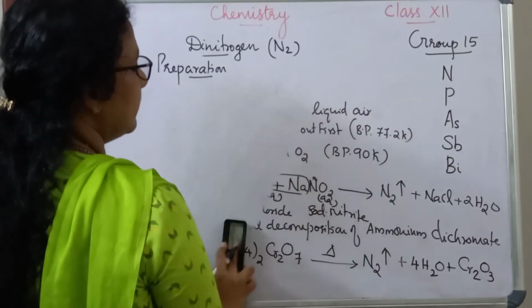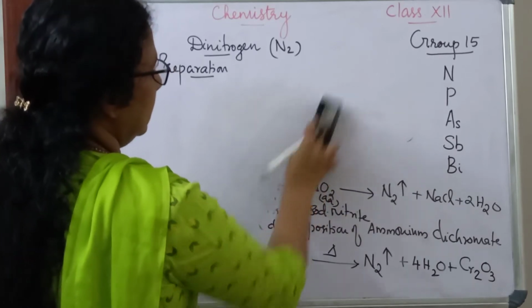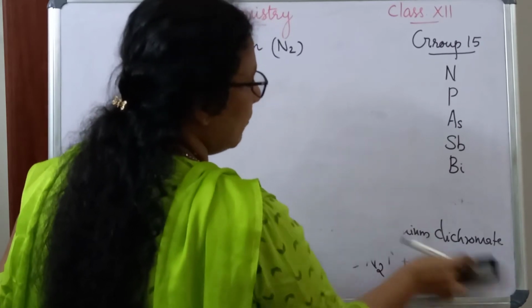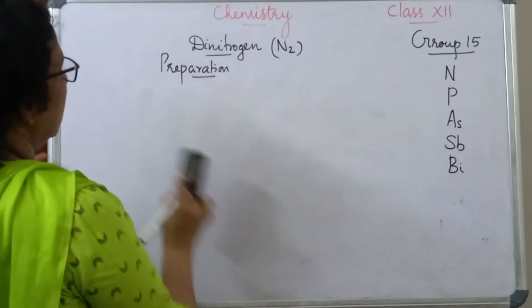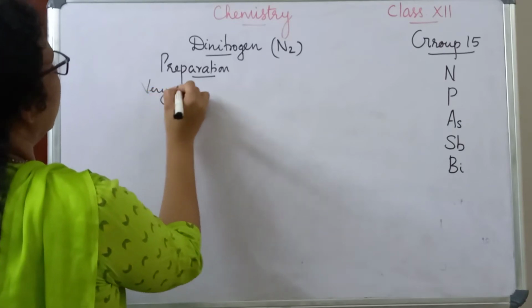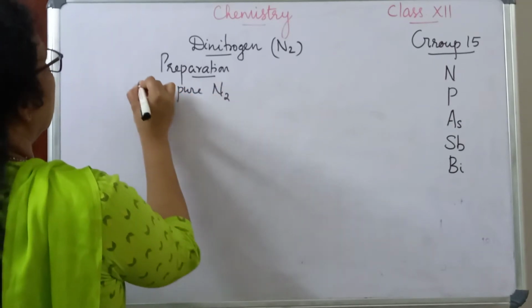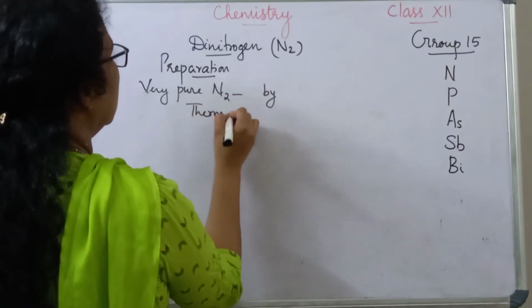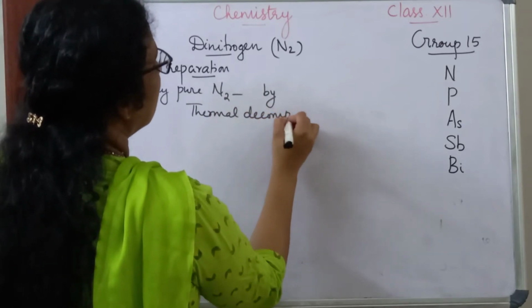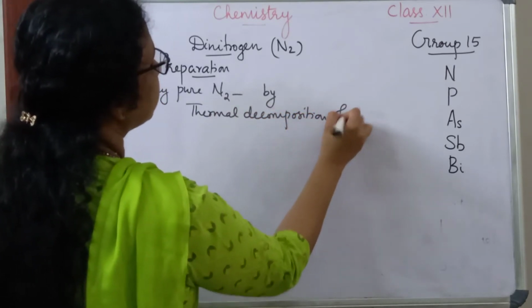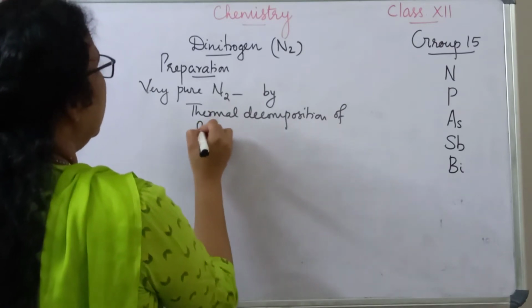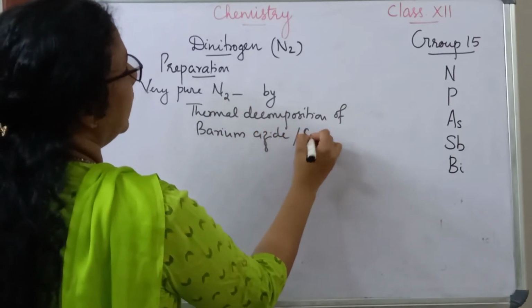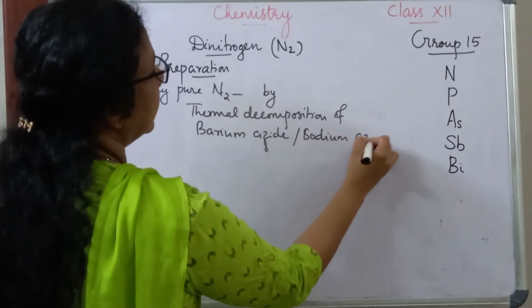Very pure nitrogen can be prepared by the thermal decomposition of barium azide or sodium azide.